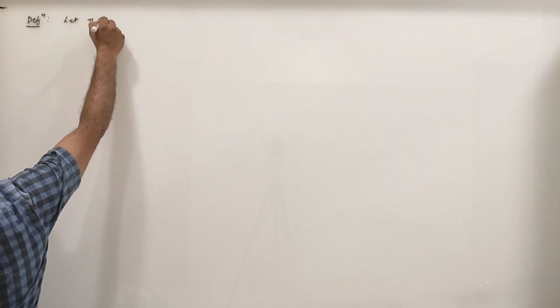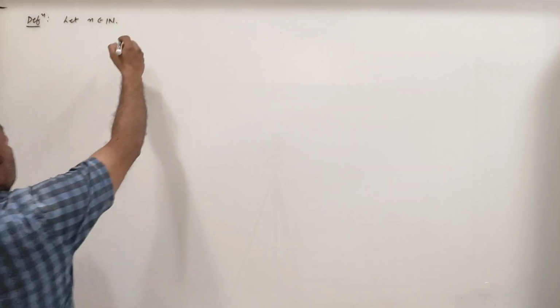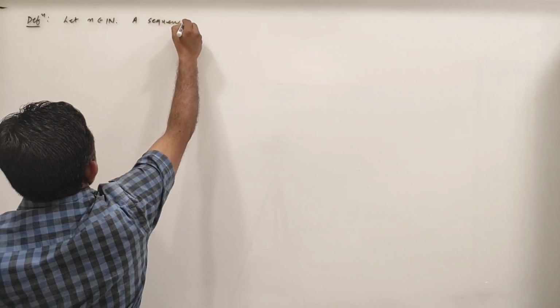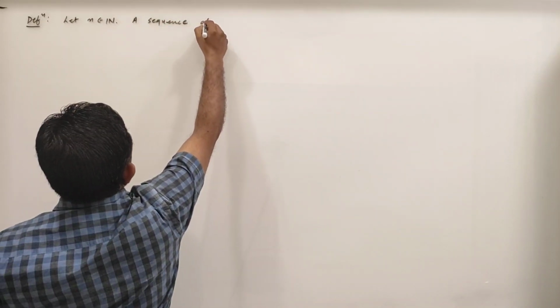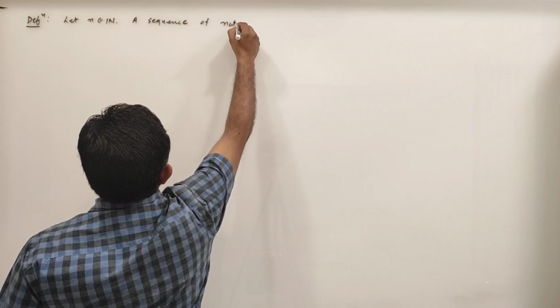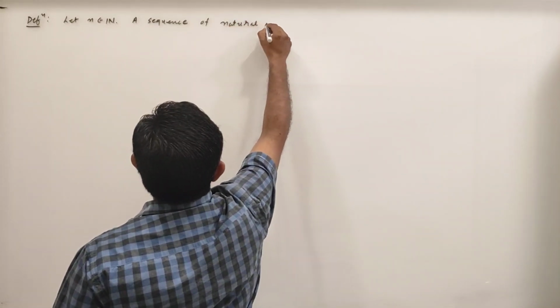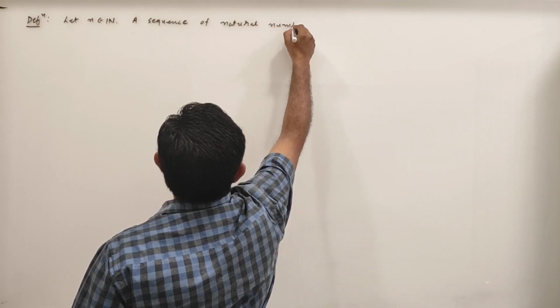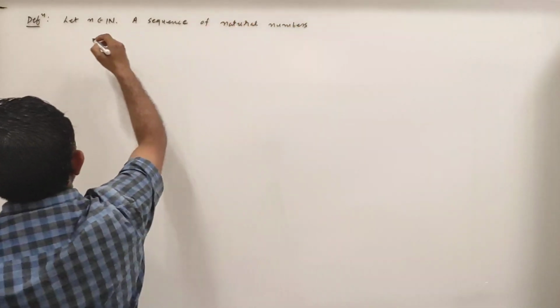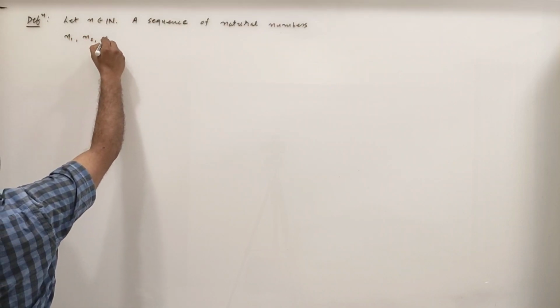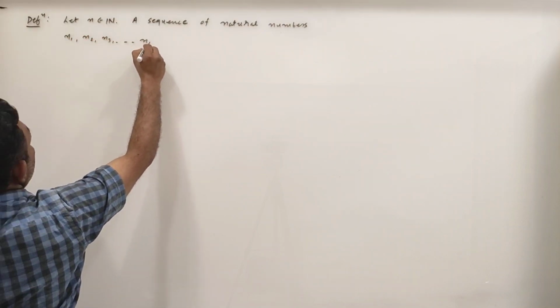Let n belong to the natural numbers. A sequence of natural numbers, say n1, n2, n3 up to nk.